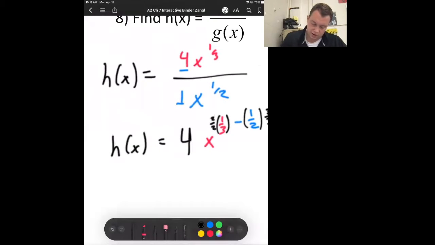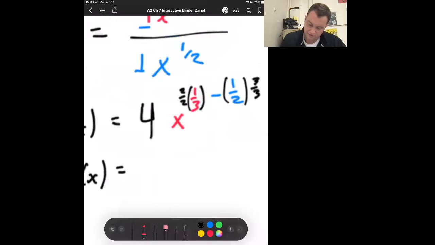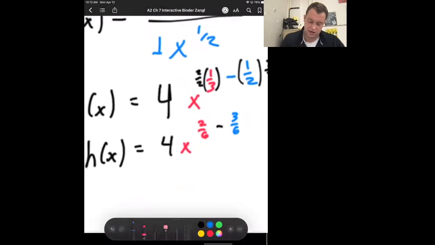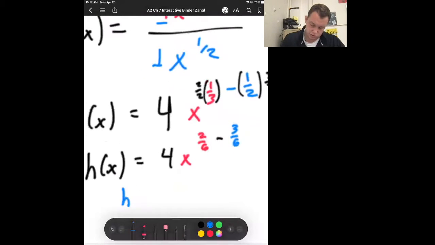So then for h of x, I would have 4, and I would have x to the 2/6 minus 3/6. So 2 minus 3 is going to get me a -1. Uh-oh.